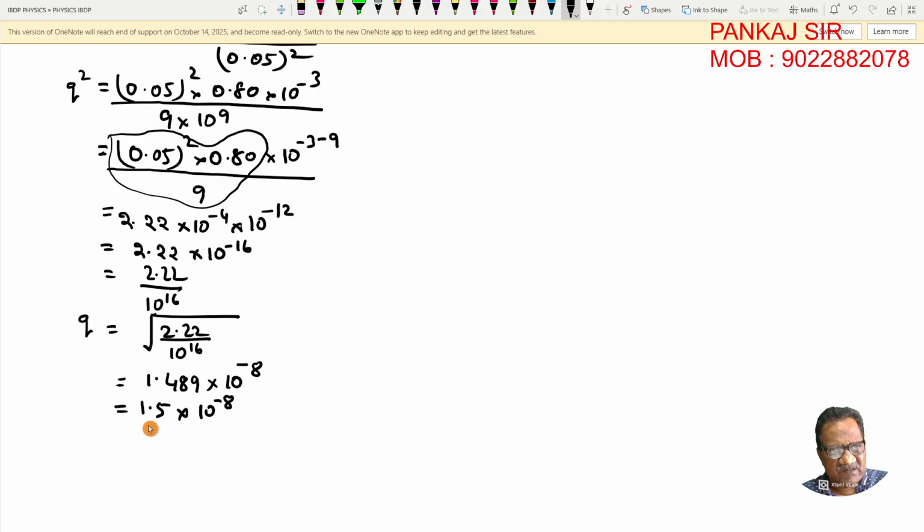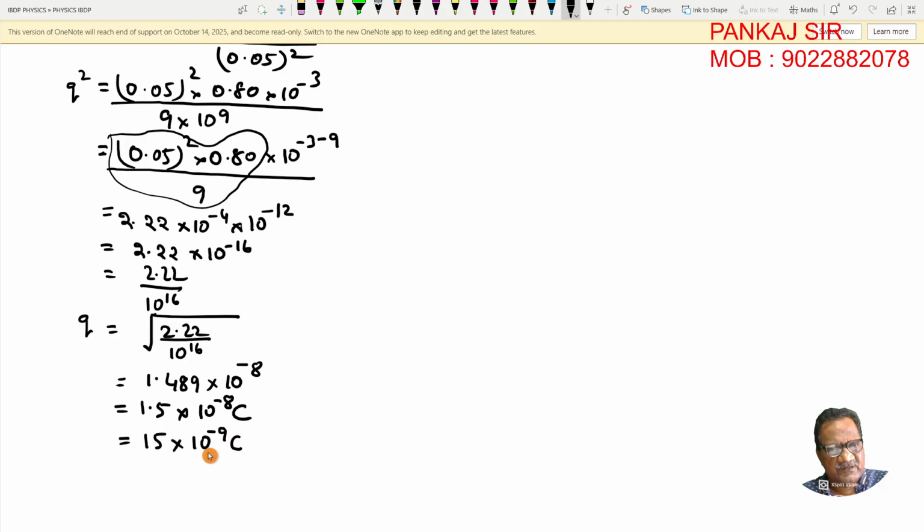Now this value that you get will be in coulombs. Okay, 1.5 into 10 raised to minus 8 coulombs. Now a little conversion, if you make this 15 by multiplying by 10, then you have to divide by 10 also, so it will be 10 raised to minus 9.